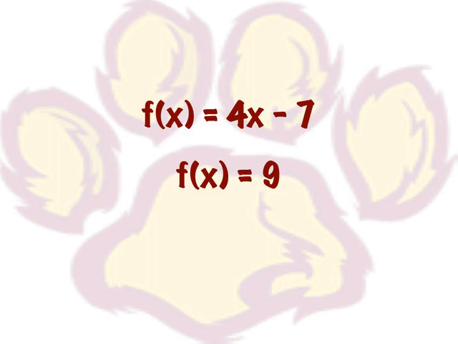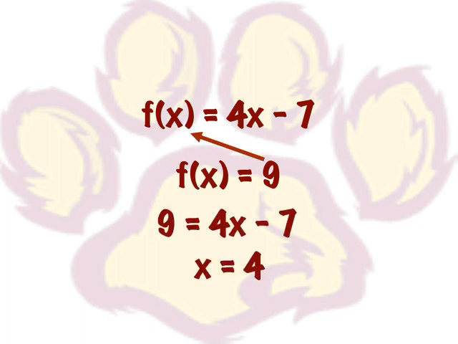So that means you can take the 9 and place it where f of x was in the original function. So now we would have 9 equals 4x minus 7. Well, I didn't write out all the steps. You will solve it just the same way. Add 7 to get 16, and then divide by 4, so x equals 4.